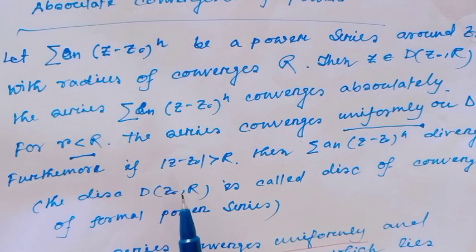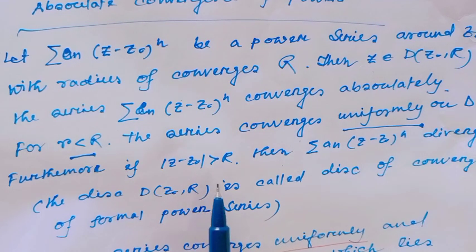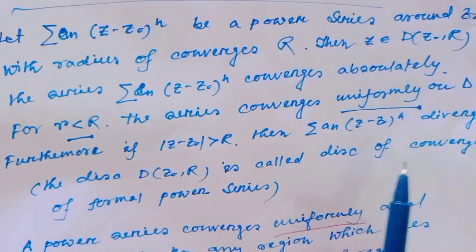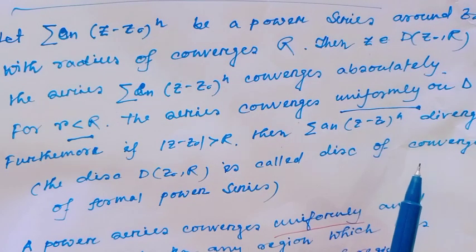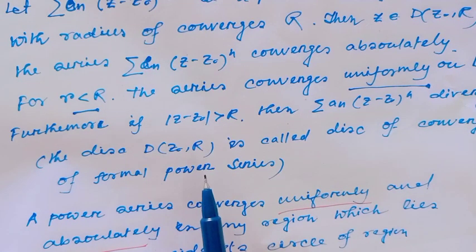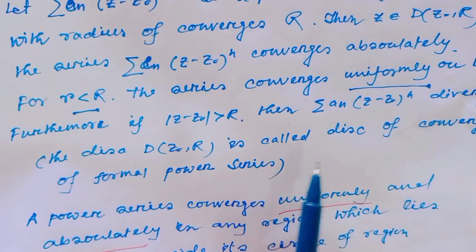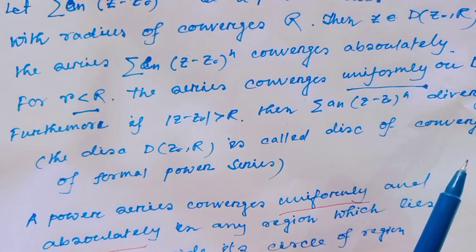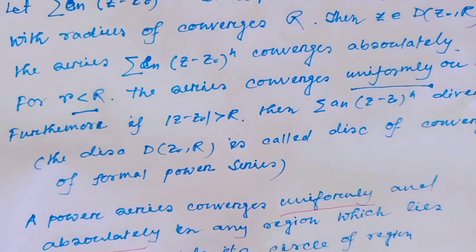Furthermore, if the absolute value of z minus z0 is strictly greater than R, then the series a_n (z minus z0)^n diverges. That means this is the disc D(z0, R). This is called the disc of convergence of the formal power series.